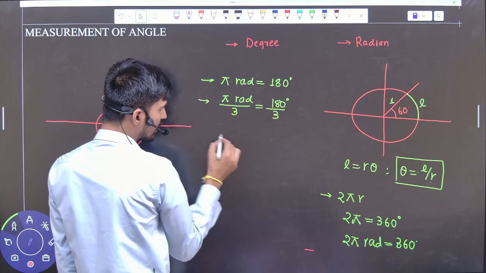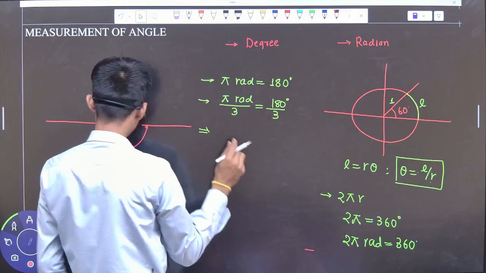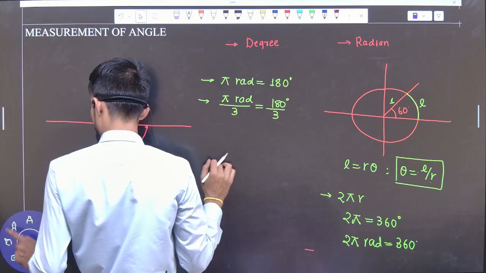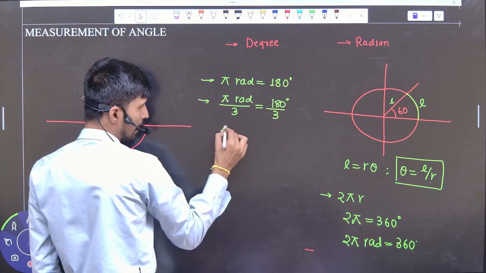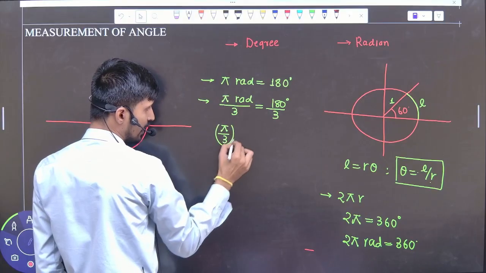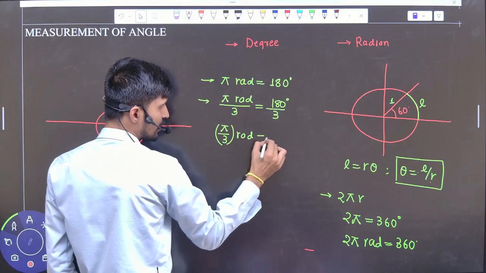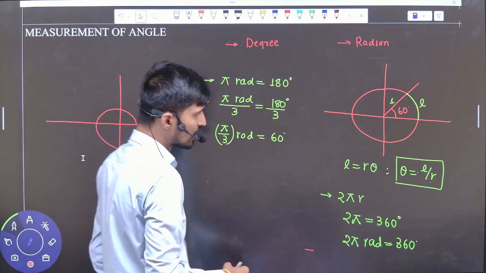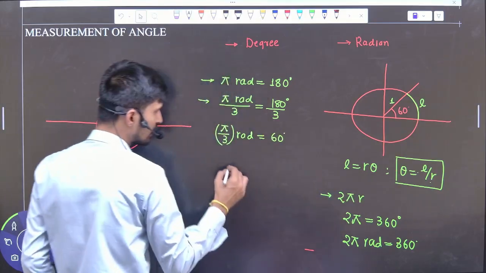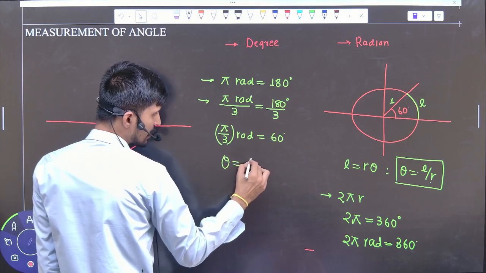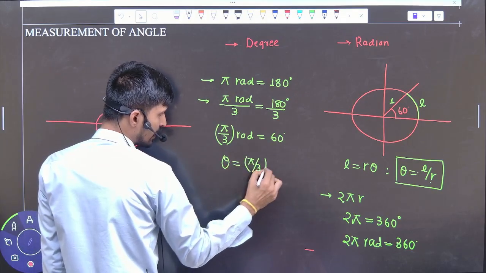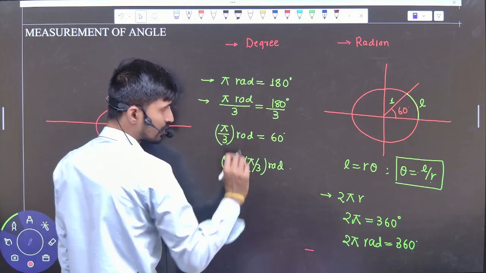And this will give pi by 3 radian is equal to 60 degree. So what is theta here? Theta is pi by 3 radian.